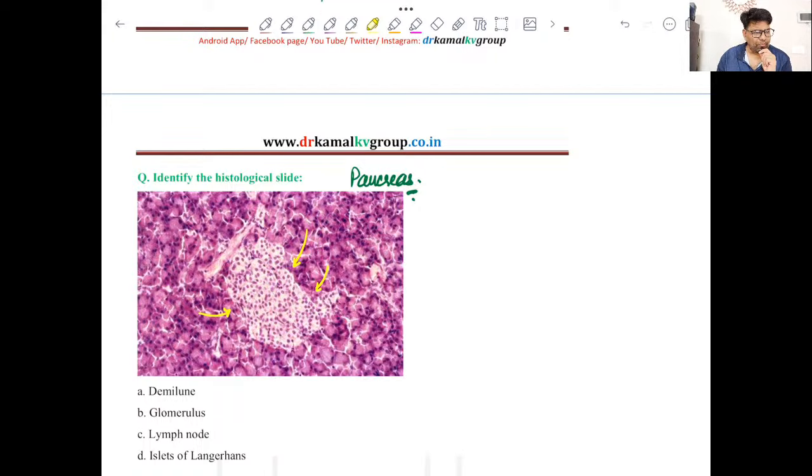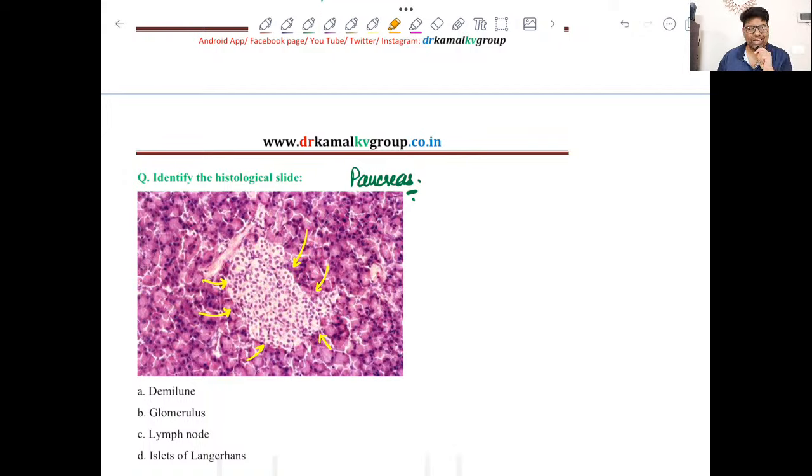Here we have alpha cells, beta cells. So what is that? Alpha cells, beta cells. Would you like to revise your answer? Anyone? Alpha cells, beta cells.